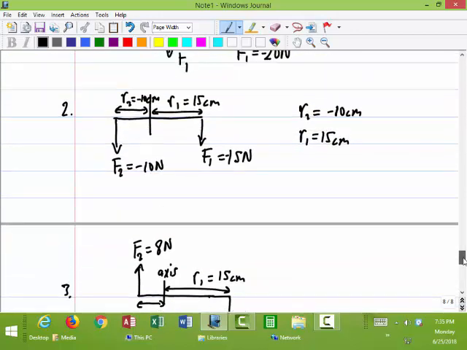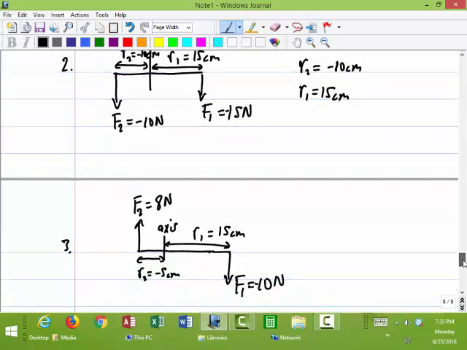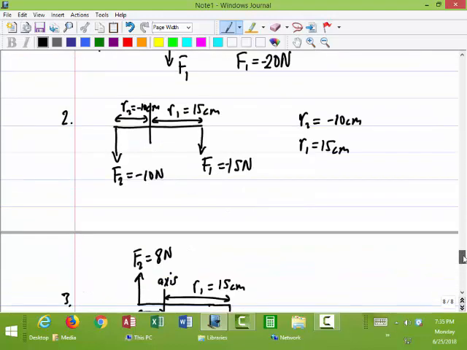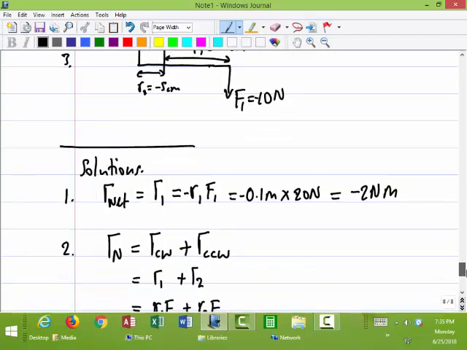So the first torque is going to be 15 centimeters multiplied by minus 15 newtons. So it's going to be 0.15 times 15. Put a negative in front of it. And the second one is going to be R2, which is 10 centimeters, and F2, which is 10 newtons, with negatives in front of them.